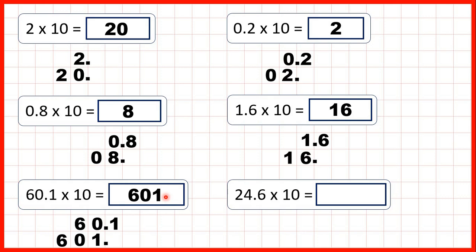That's 601. So what's 24.6 times 10? We write the number out, copy down the decimal point, and to multiply by 10, we're moving the digits 1 square to the left. Now the decimal point is at the end, so we have 246 as our answer.